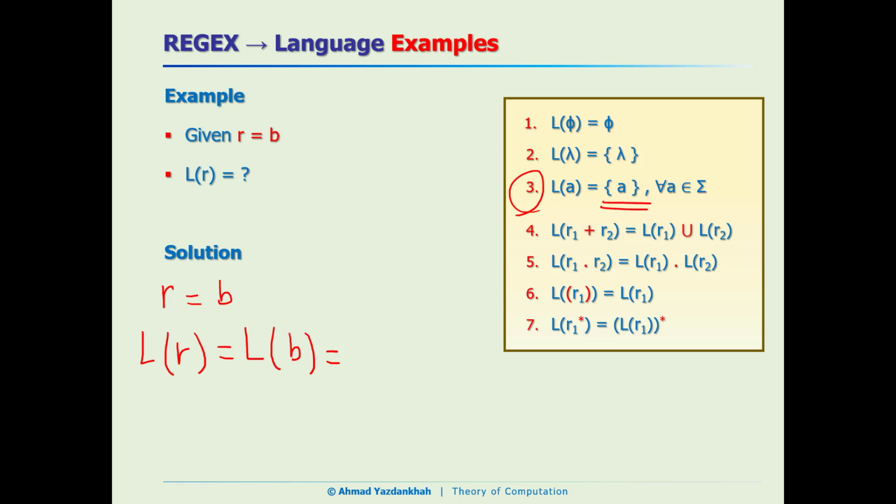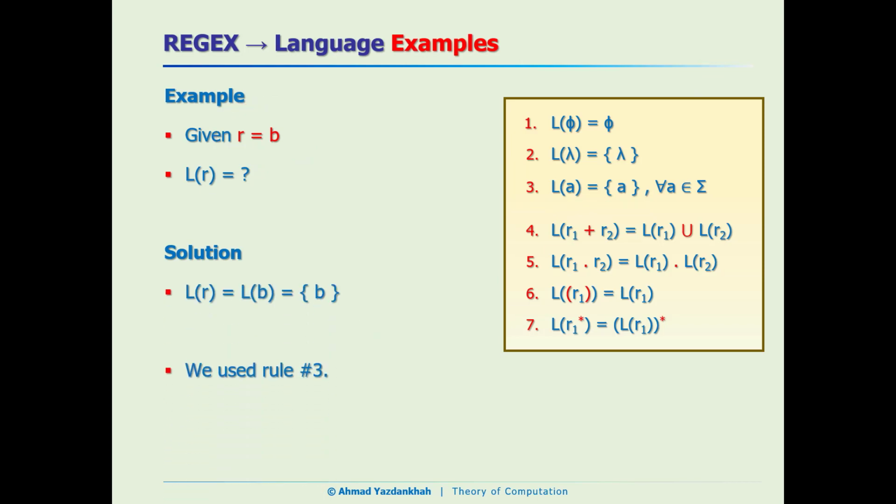So it is equal to B. This is how we use these rules and calculate the language. Of course, it's not always the case that we have such a simple thing. We will try to take many examples to improve your skills and knowledge about this kind of calculation. So we used rule number 3.